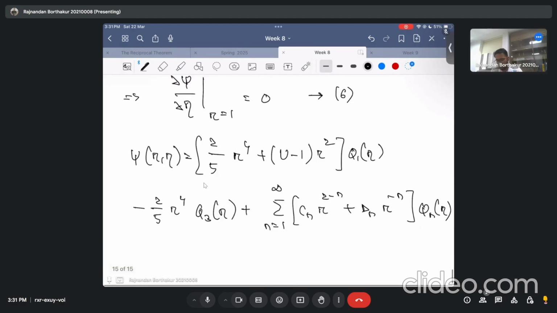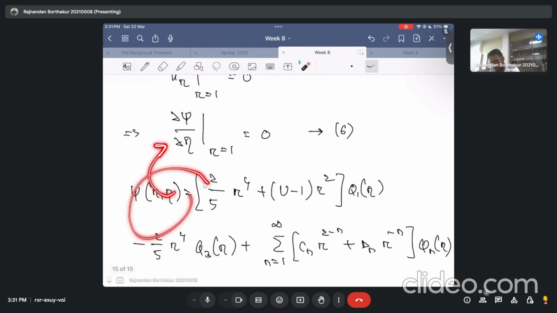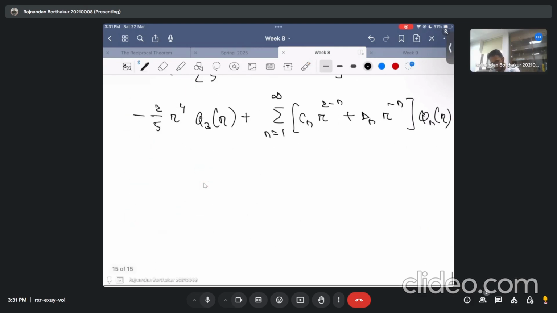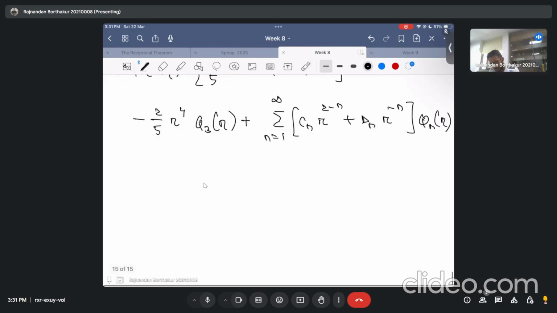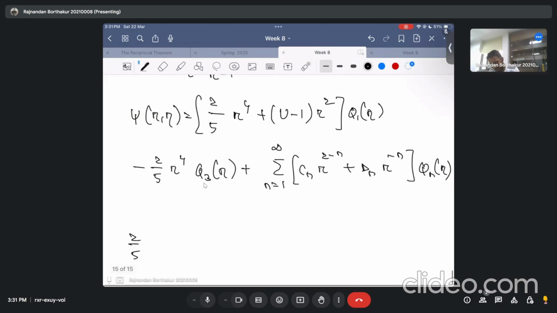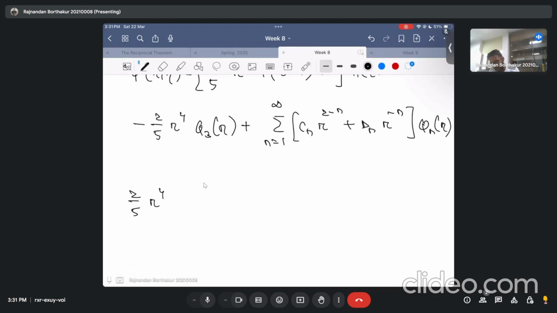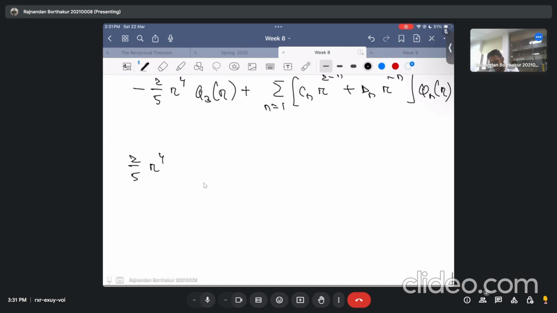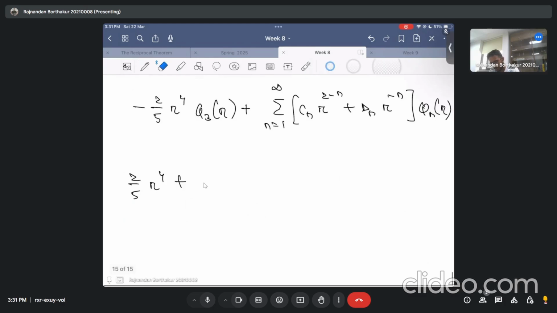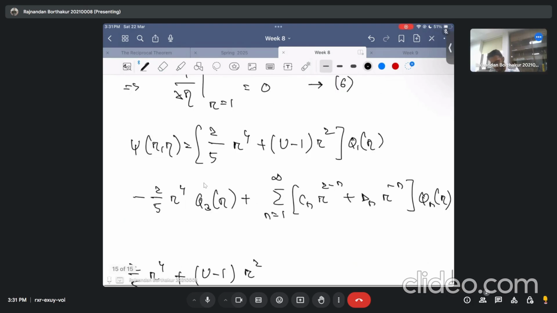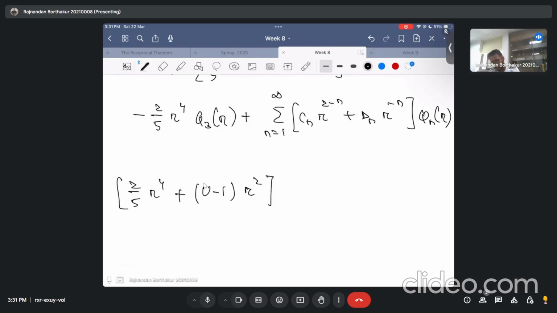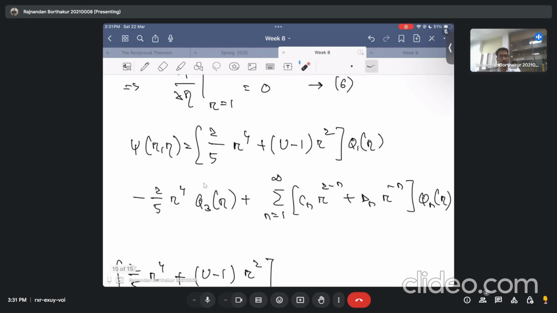And then if I substitute this psi into equation 6, what do we get? This is just a derivative with respect to eta, so the R terms will just remain the same: 2 by 5 R power 4 plus u minus 1 R square, times dq1 by d eta.